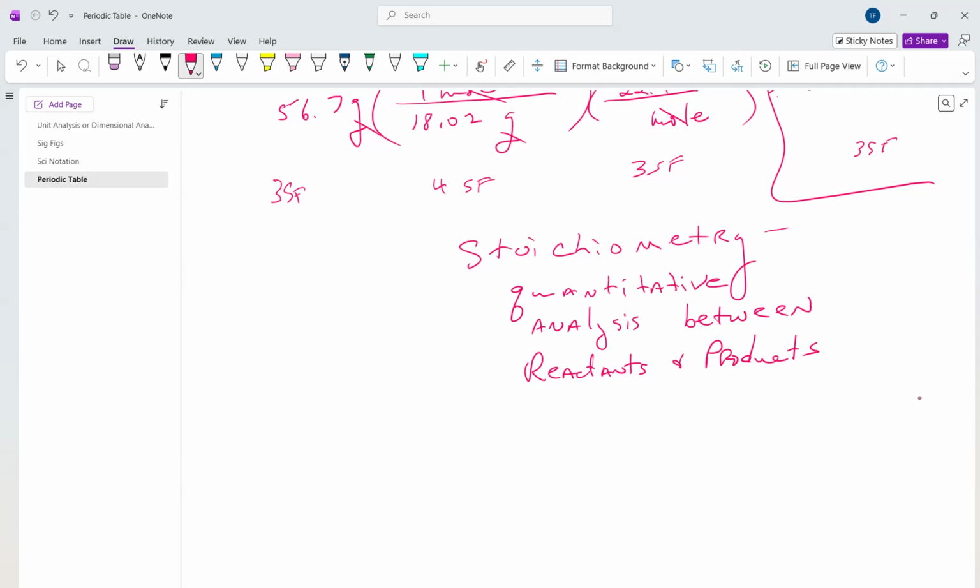Stoichiometry is the quantitative analysis between reactants and products. Now, in a reaction, what you start with is called reactants. What you end up with is called products. Anyway, these calculations we're doing now and in the future are called stoichiometry. So they'll say, what is the stoichiometric relationship between reactants and product? That relationship is called stoichiometry.